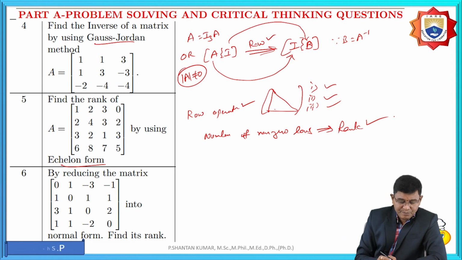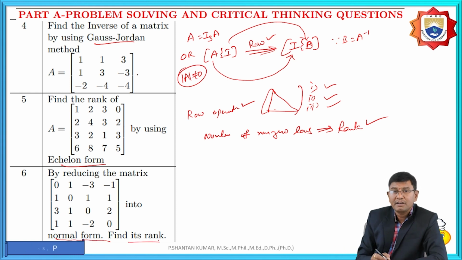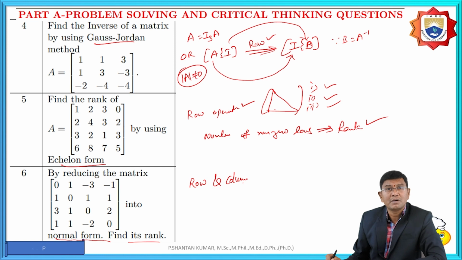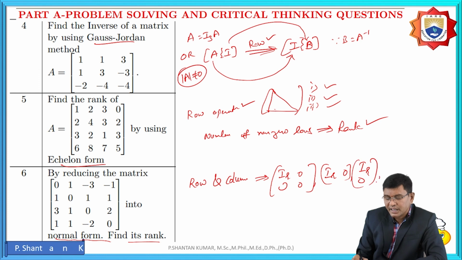And again the next one: reduce it to normal form and find its rank. The normal form is nothing but, from the given matrix, we apply not only row operations, it is row and column operations. The matrix is reduced to any one of the forms, that is [Ir 0; 0 0] or [Ir 0] or [Ir; 0] or Ir, whatever it may be, depending on that.